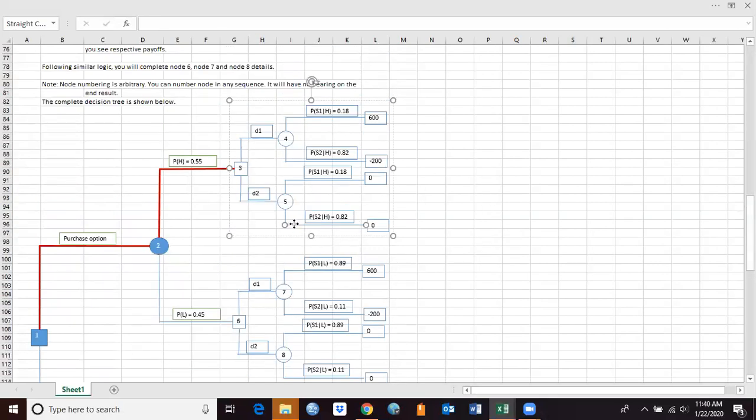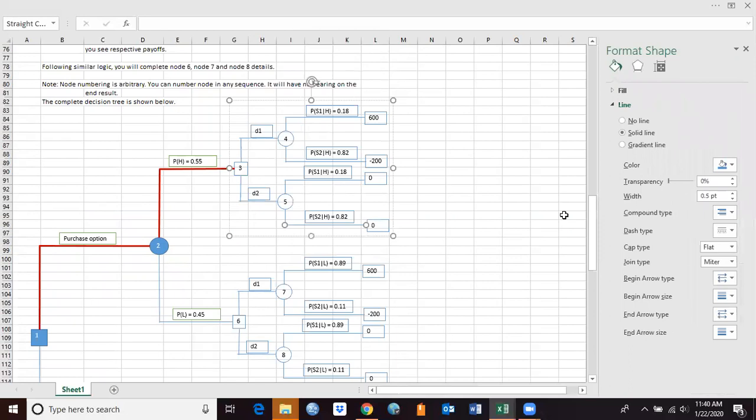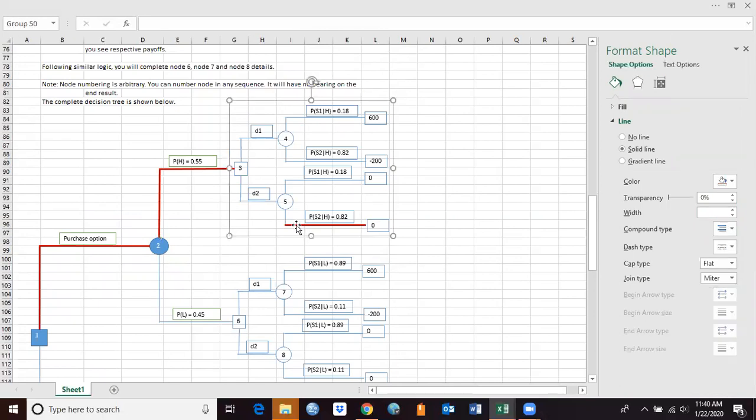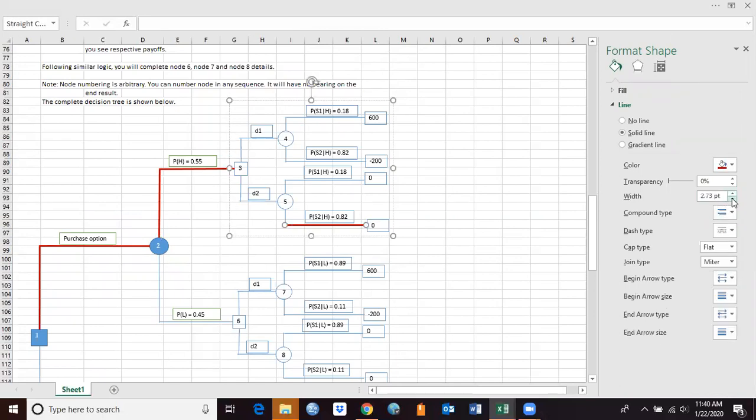Format shape, I'm gonna do the color here, and we're gonna increase the depth to 3.25. I guess that's what we had here, 2.75. So here also we're gonna do 2.75.